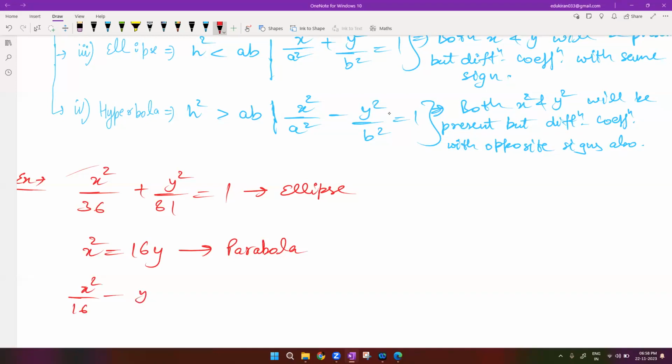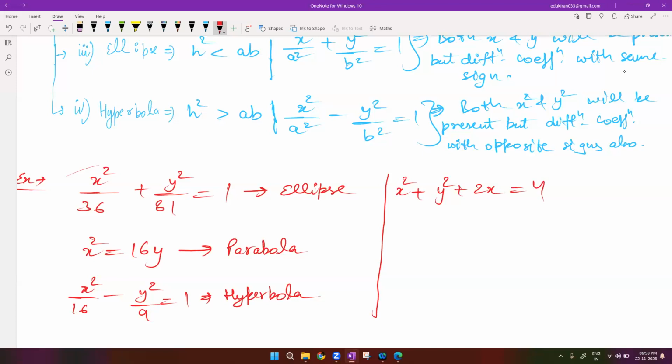Can anyone tell me what is this? Hyperbola. Anji, what is this?